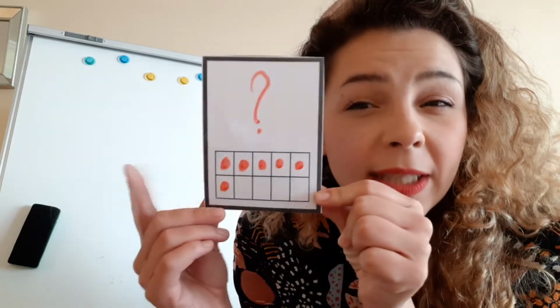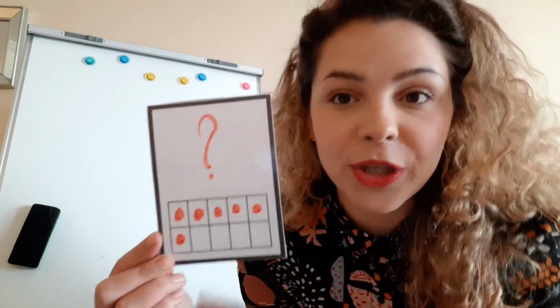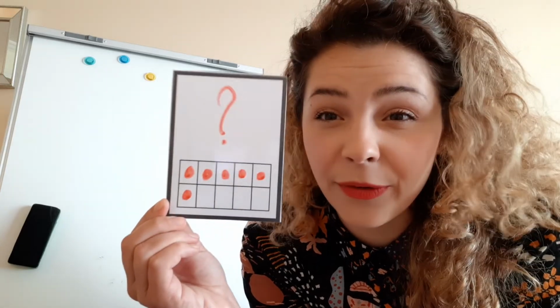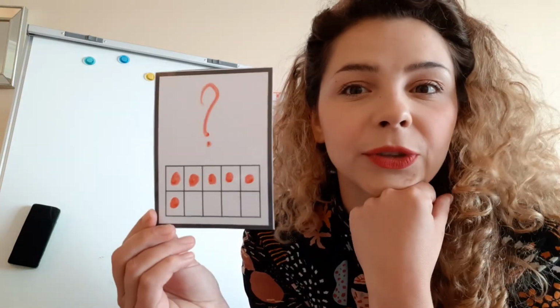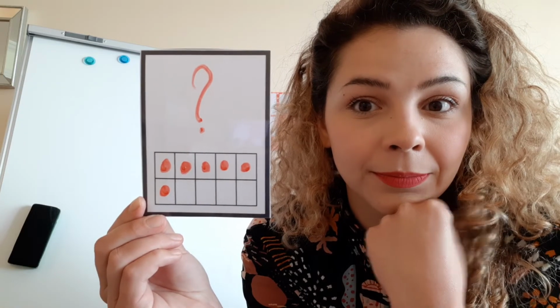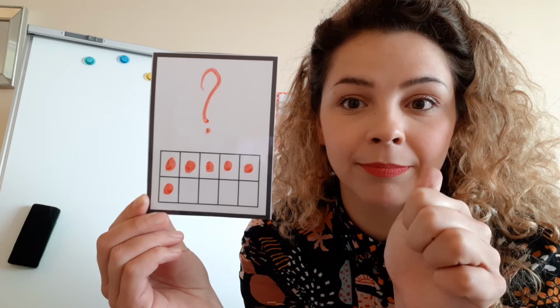Now, can you tell me, you see I have this question mark, this symbol is called question mark, and we use it when we ask a question. So can you tell me which number is represented in this 10 frame? I'll give you a few seconds to count. Okay, let's see if you counted well.